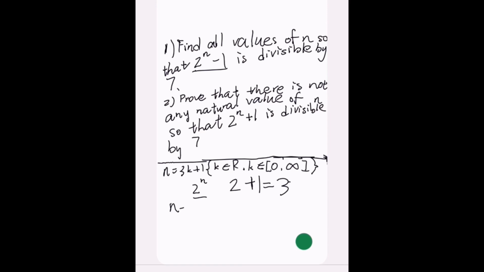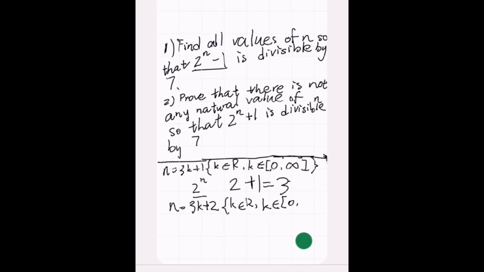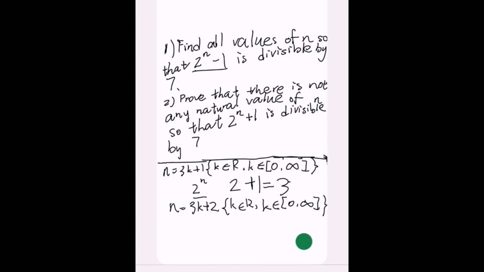Okay, now let's try n equal to 3k plus 2. As I have said earlier, when n is 3k plus 2, while k has a range from 0 to infinity, 2 to the power of n will have the remainder of 4. And when we plus 1, the remainder is 5, which is not divisible by 7. So 3k plus 2 is also not okay.